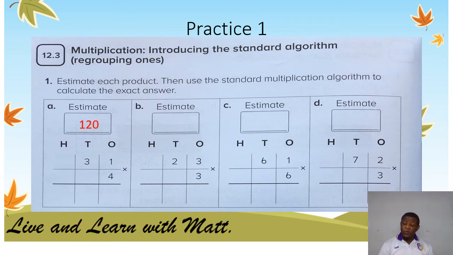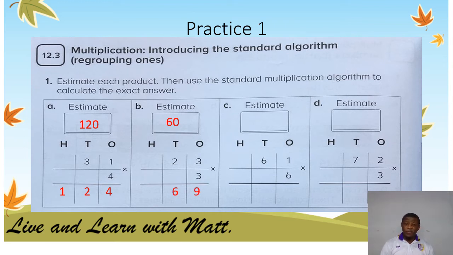Now 31 times 4 will be 124. 23 times 3, let's estimate it to be 20 times 3, which will give us 60. Now, the exact will be 3 times 3, 9, 3 times 2, 6, 69.